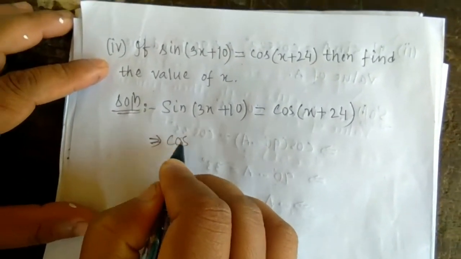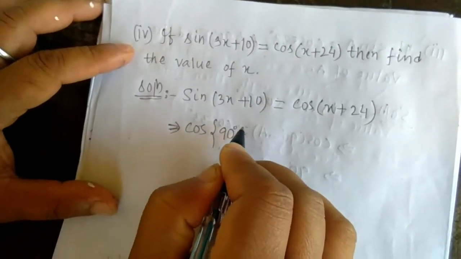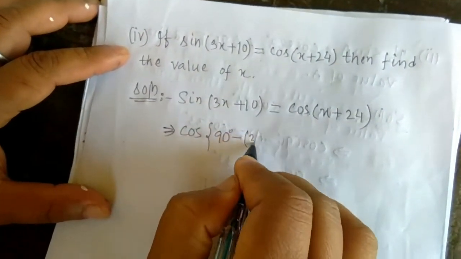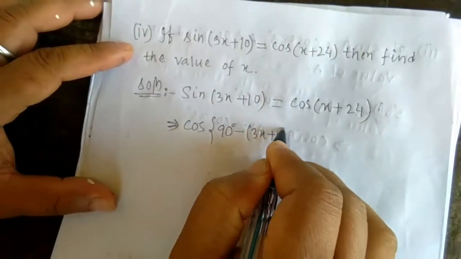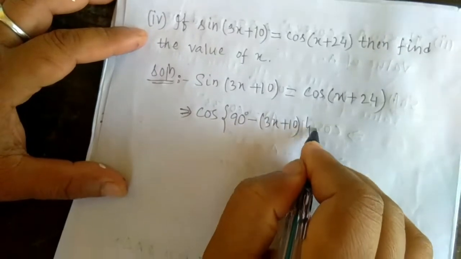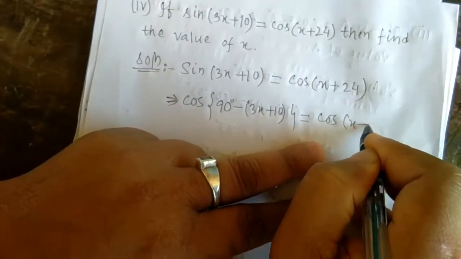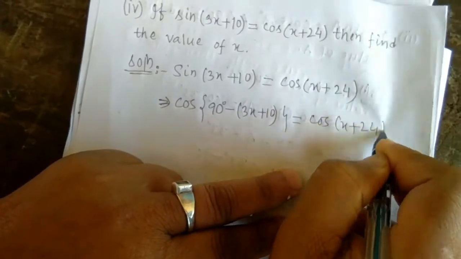So how? Cos(90 degrees minus theta), here theta means 3x + 10, this is the theta, 90 minus theta equals this same, it will remain as it is, cos(x + 24).